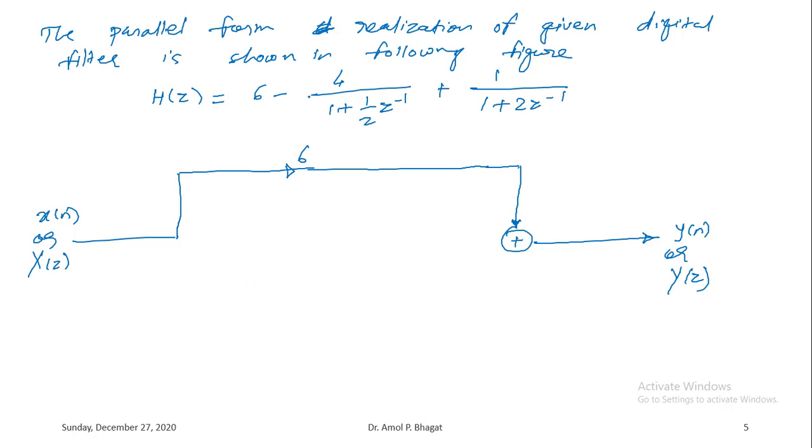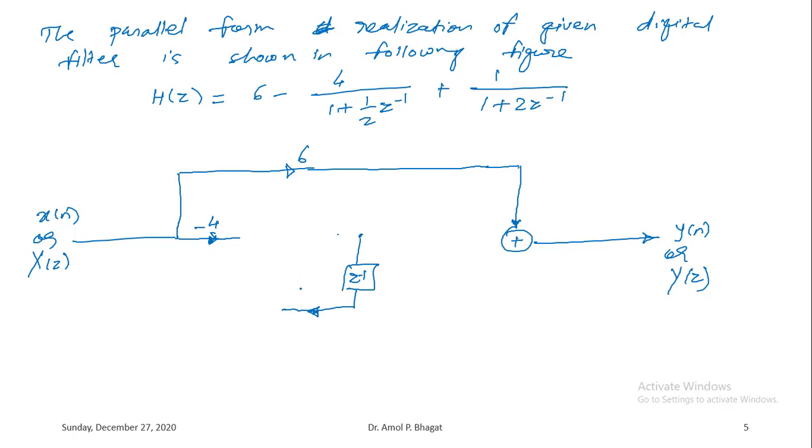Next, the term is minus 4 multiplied by 1 upon 1 plus 1 by 2 z inverse. So for minus 4, I will again be using the constant multiplier, right? So minus 4 will be there. This 1 upon 1 plus 1 by 2 z inverse, I can draw it by using feedback, right? So here I'll be using one z inverse, which will be fed back into the system.